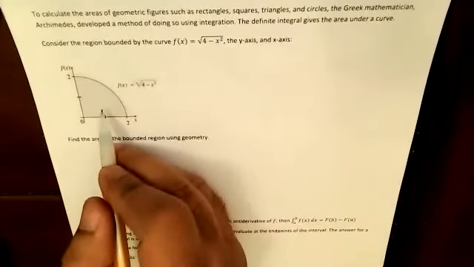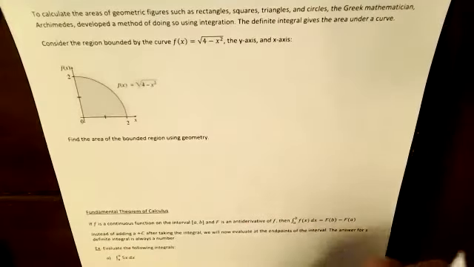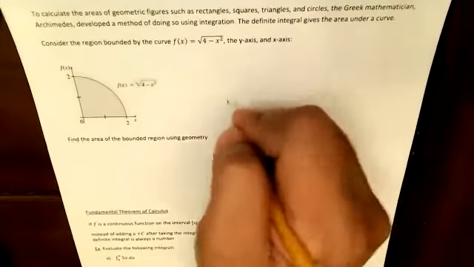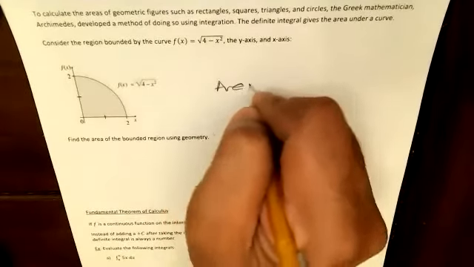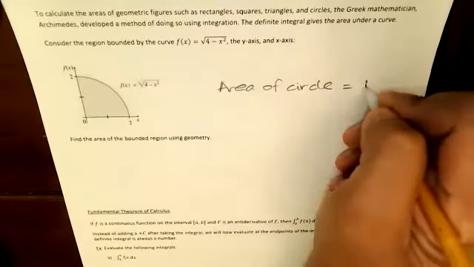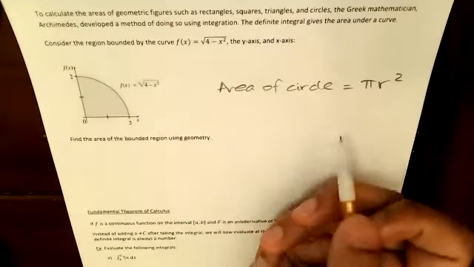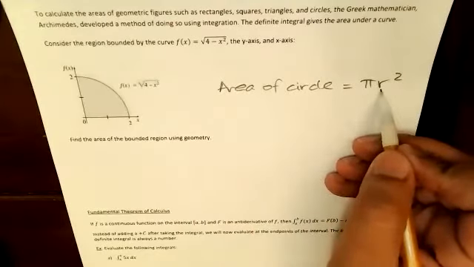So we can actually calculate this area by using a formula that we already know of. Remember, the area of a circle is pi r squared. Okay, that's how you find the area of a circle. So r is the radius.